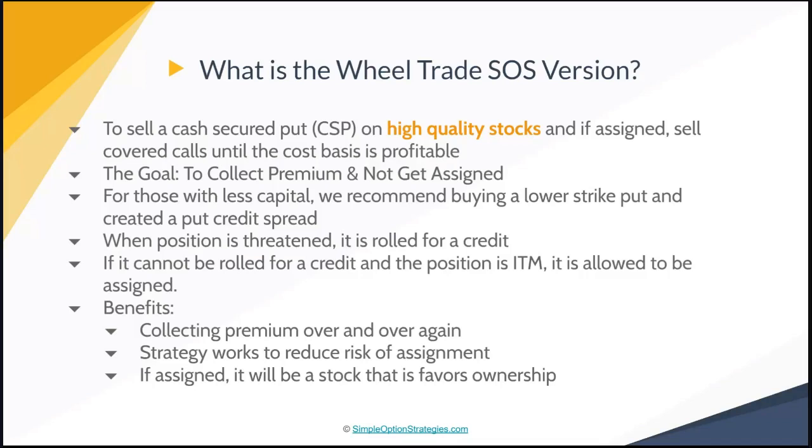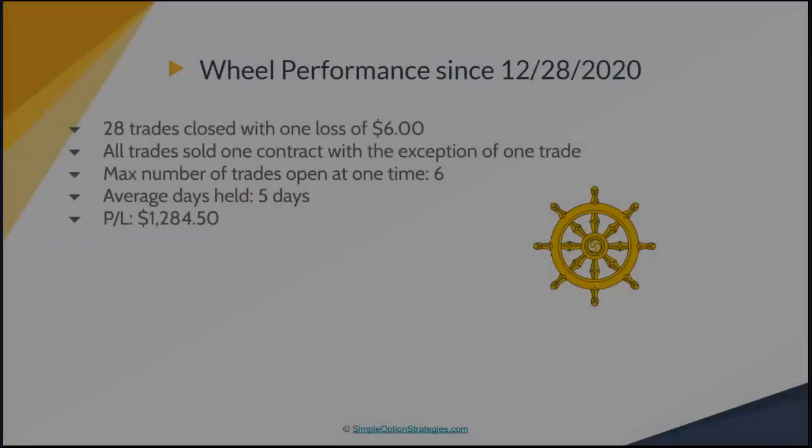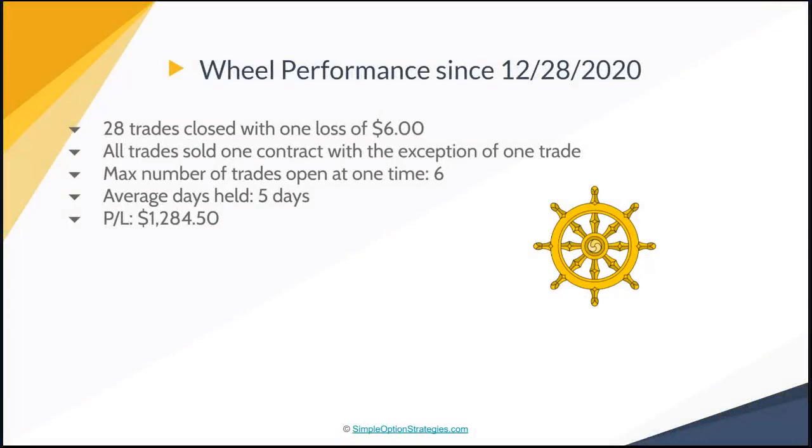But remember, these are high quality stocks, so I don't mind owning them, right? And these positions sometimes were even in the money when I rolled them, and it worked out really good. So you collect premium over and over again. The strategy works to reduce risk of assignment, and if assigned, it will be a stock that favors ownership. Awesome trade, love it.